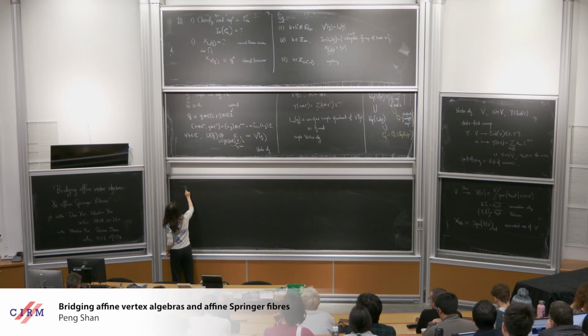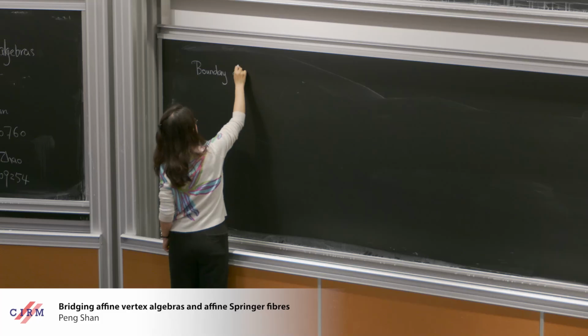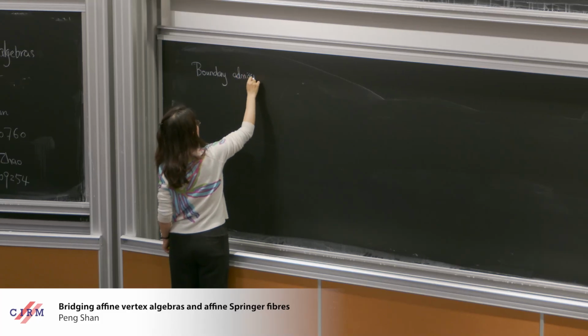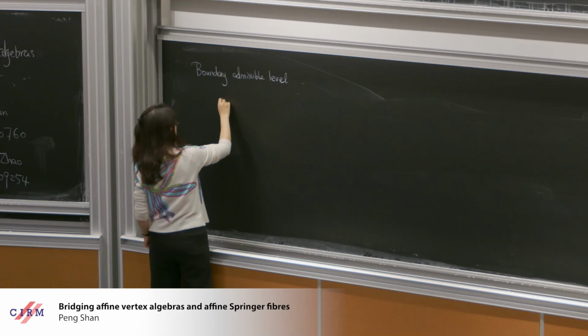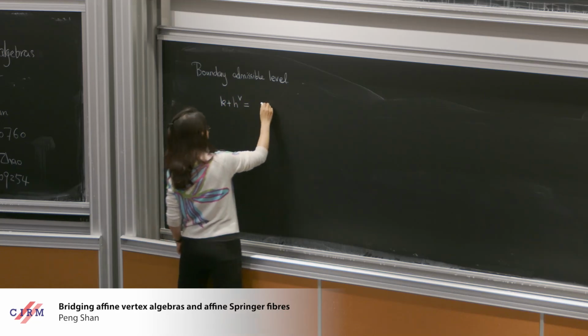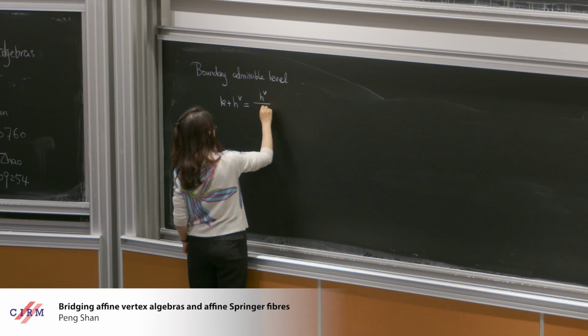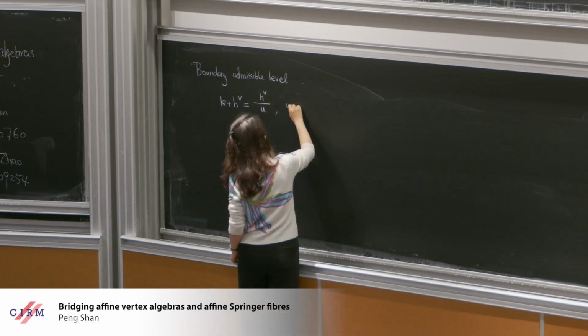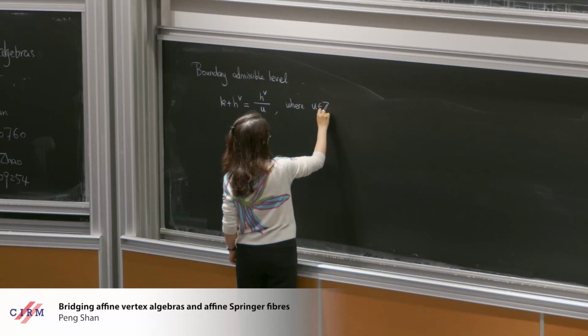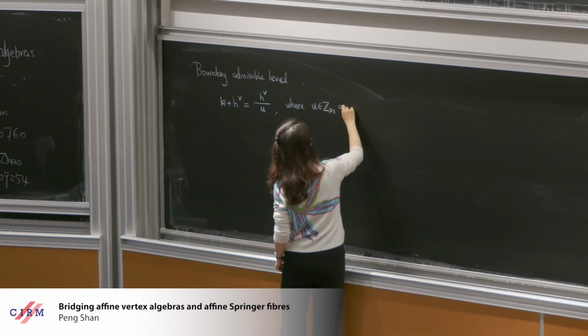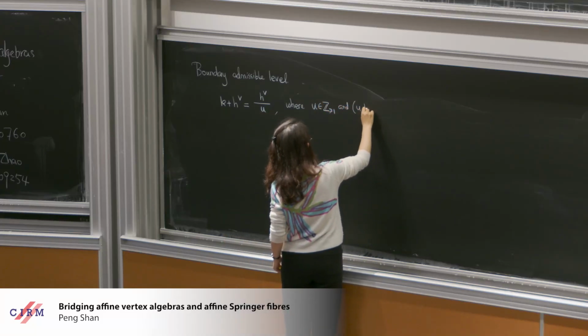So this is the case where k plus h check is a rational number of the form h check over u, where u is a positive integer and co-prime to h check.